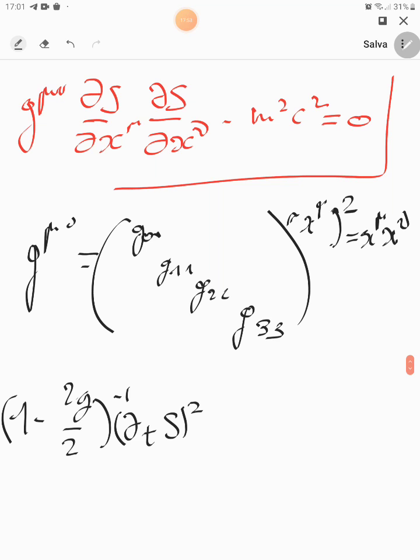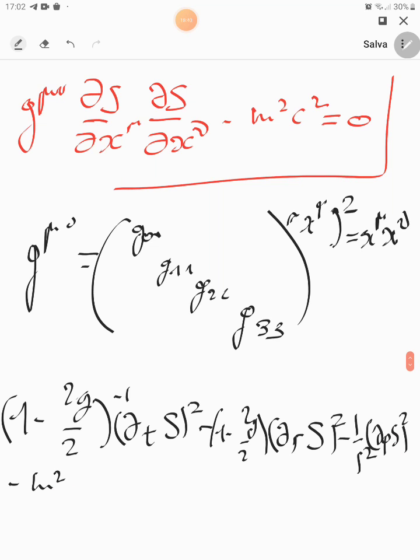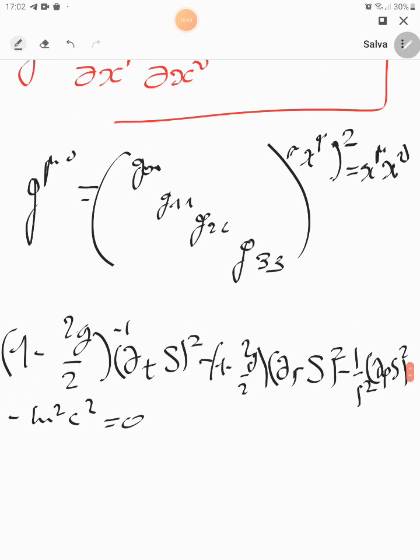So here we have x mu and x nu, and here we can write the square. Perfect. This is the equation.